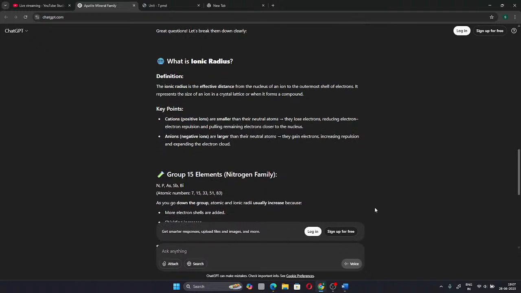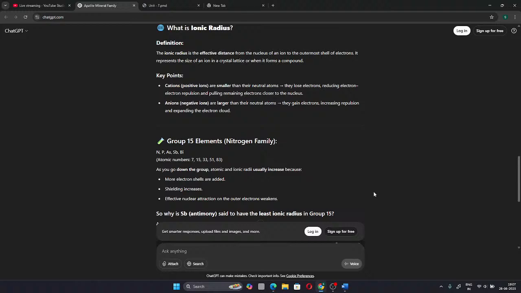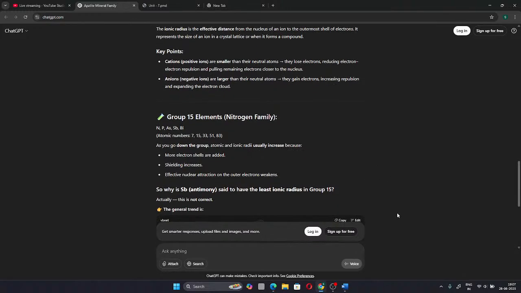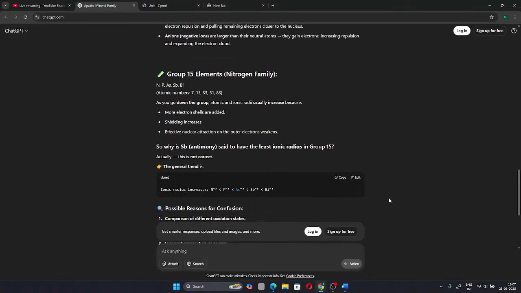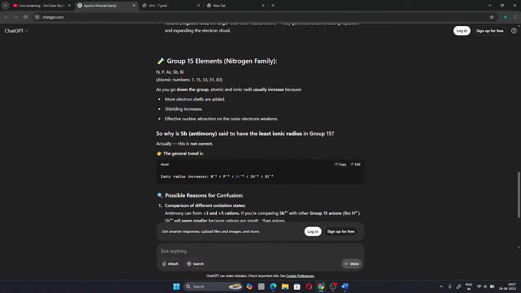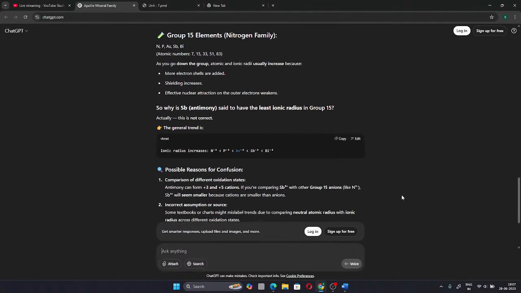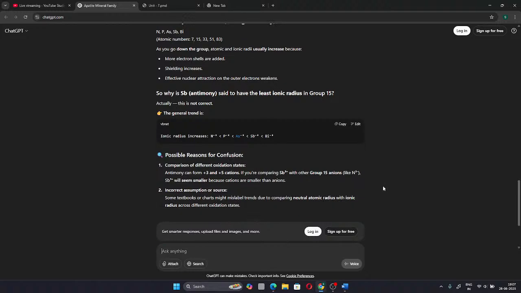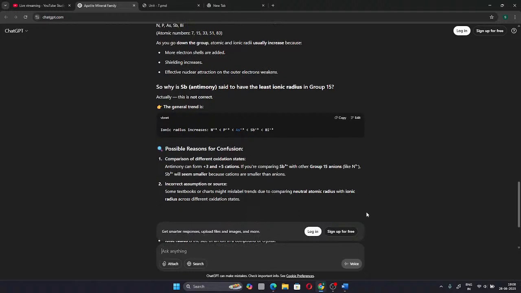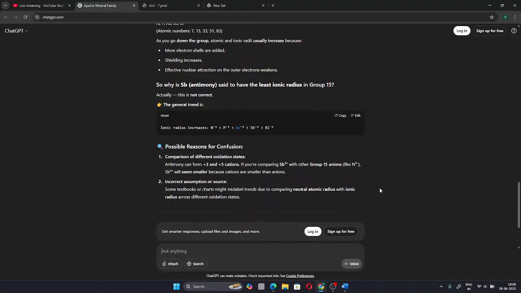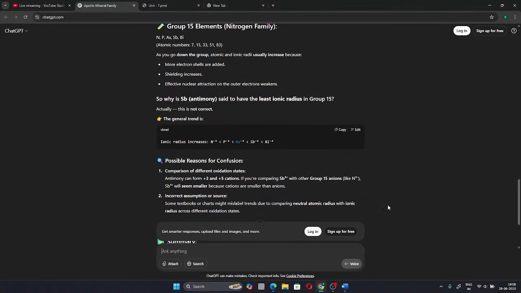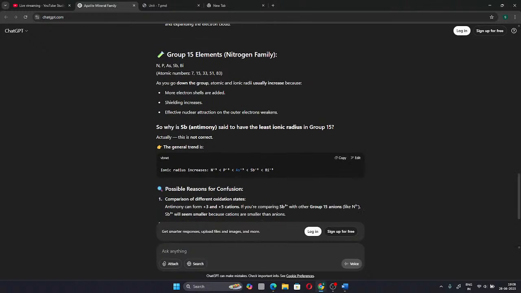Anions are larger than their neutral atoms. They gain electrons, increasing repulsion and expanding the electron cloud. In the nitrogen family, more electron shells are added, shielding increases, and the effective nuclear charge on the electrons weakens.